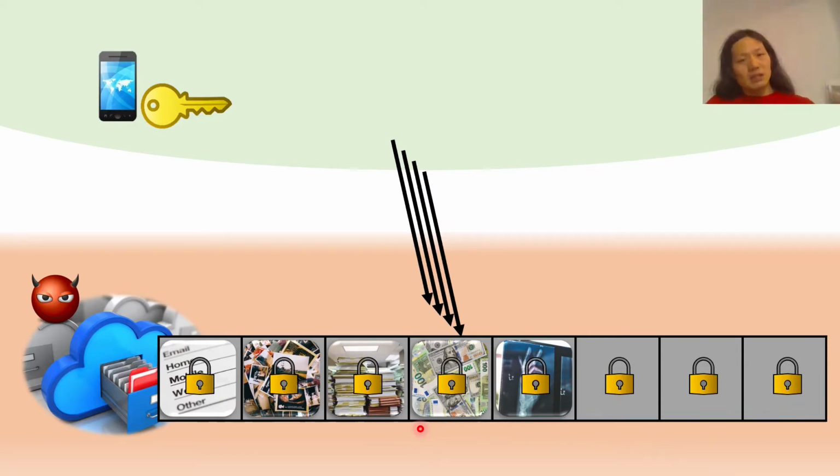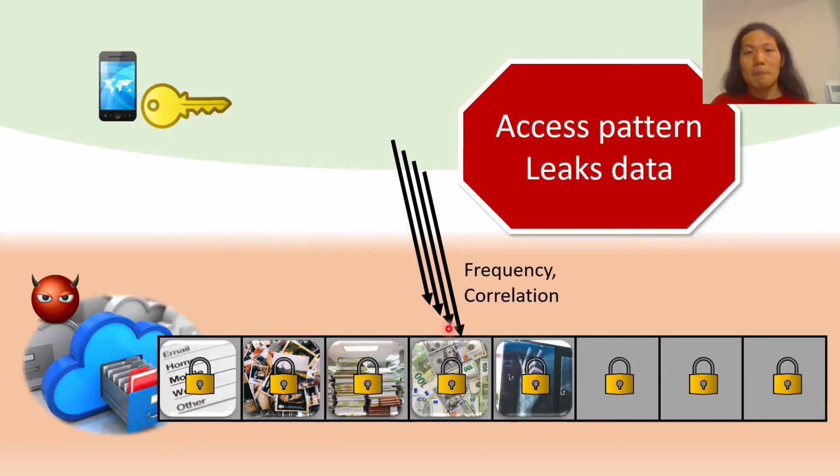But this is not enough to protect the data, because the adversary sees the locations of accessed data, and these locations can depend on the data content itself. So the adversary can infer sensitive information using the accessed locations.